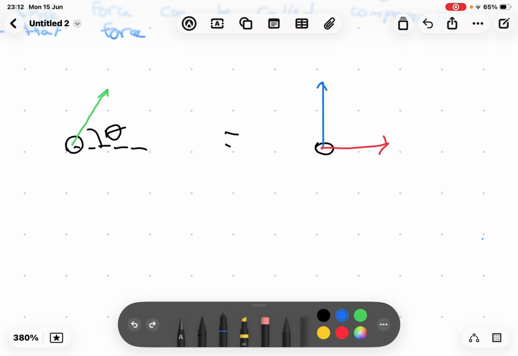Because look, we have the red force, the blue force, and the green force. Yes, I made it bigger, but that's how it adds up. And over here, there's a degree, and after that we're able to do all the stuff through cosine and sine basically.